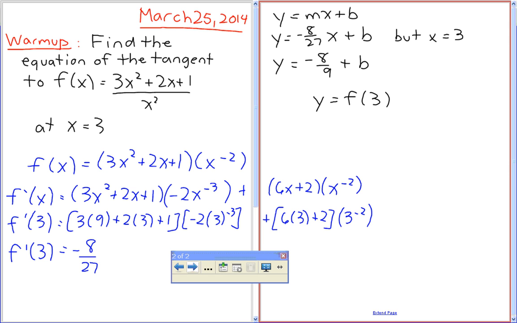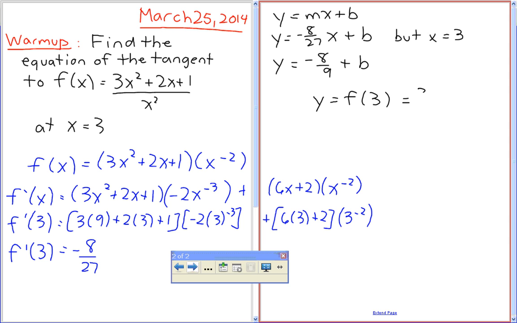And you guys all did your homework last night, so you know how to do this, right? Good. y equals f of 3. 3 squared is 9, so 27 plus 6 is 33, plus 1 is 34, divided by 9, if I do my math right there.